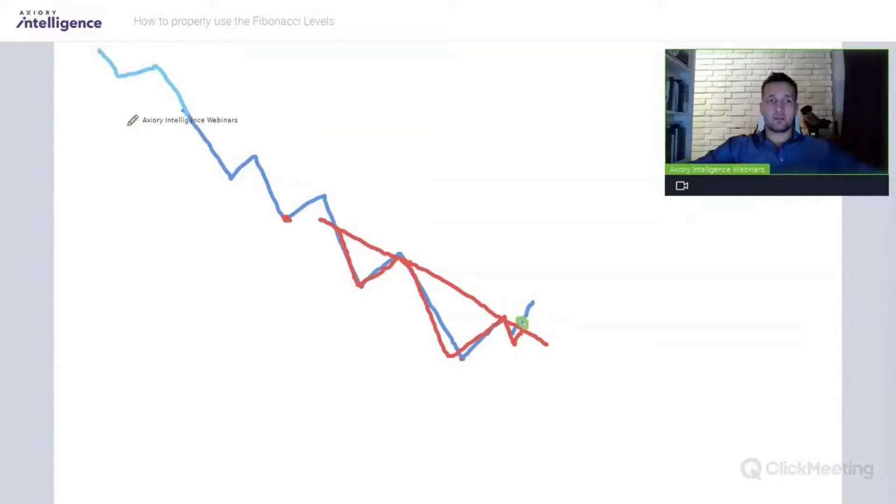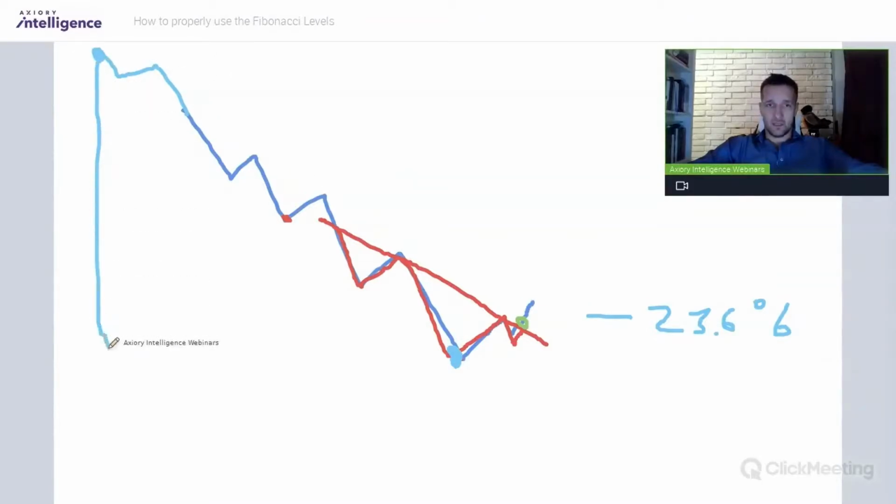Okay, so the price is falling down from here to here. And we can actually measure, we can project the potential target for the correction, and we use Fibonacci's for this. The key levels of Fibonacci are 23.6, which means that 23.6% of this downtrend will be retraced.